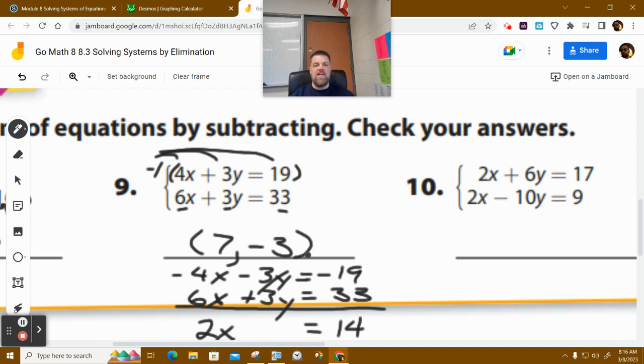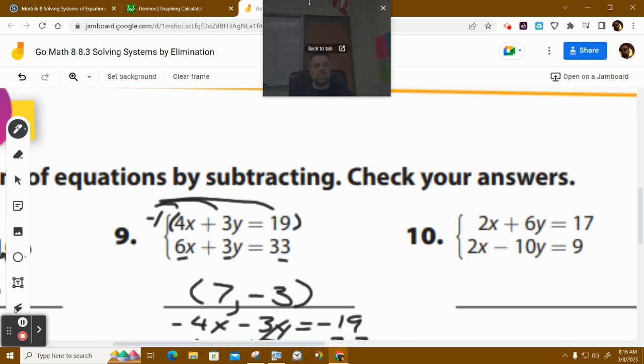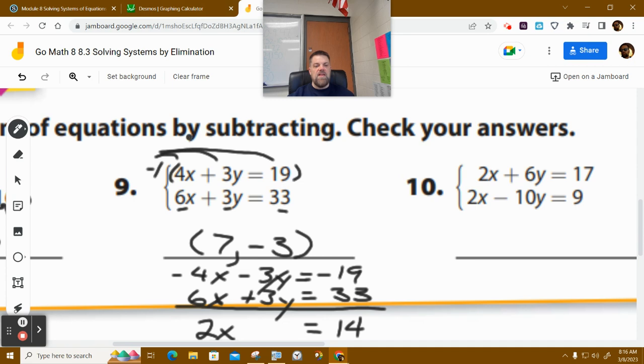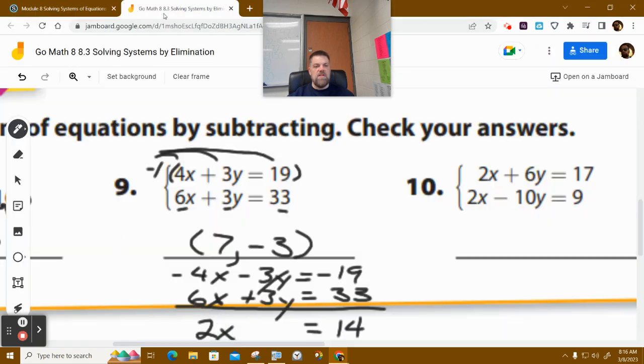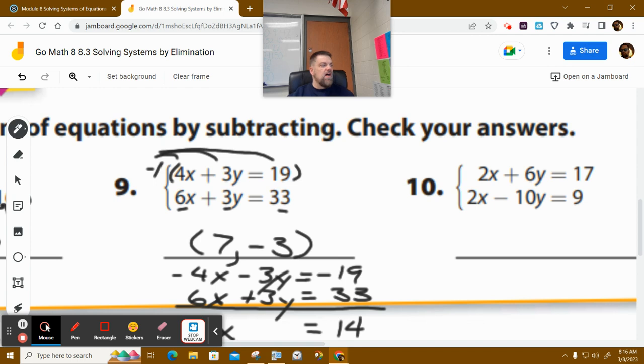How could I verify that? Yeah, I'm going to graph them on the graphing calculator. I'm going to move this over here so I can look at the screen. And then what am I looking for? What does this 7, -3 represent on the graph? It's not the y-intercept. I heard somebody say y-intercept. Nope, that's a different thing.